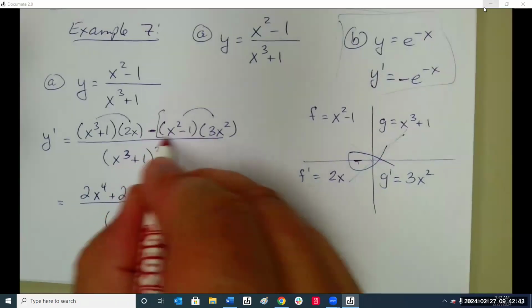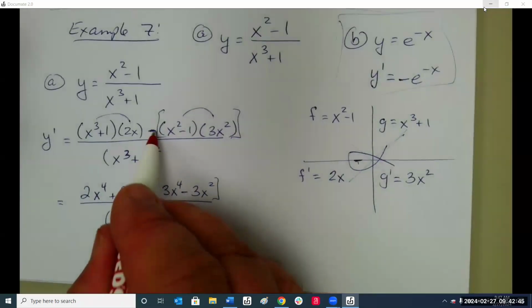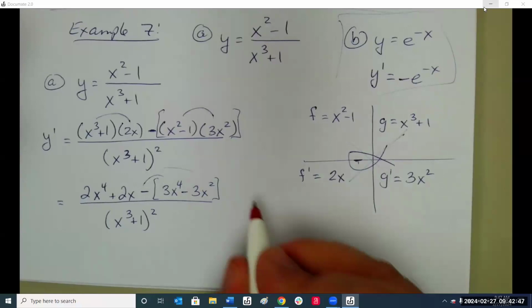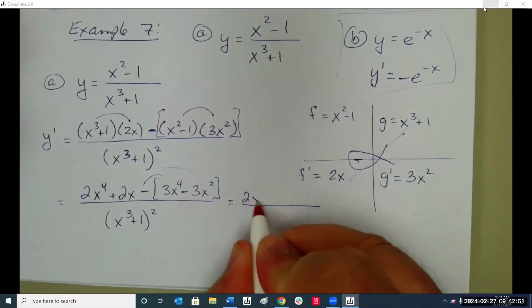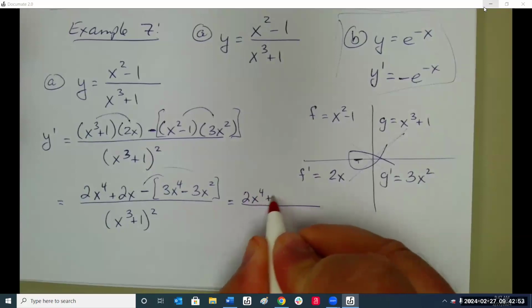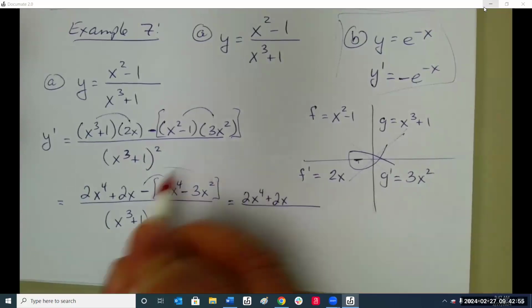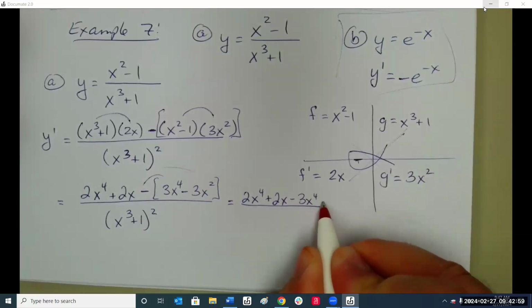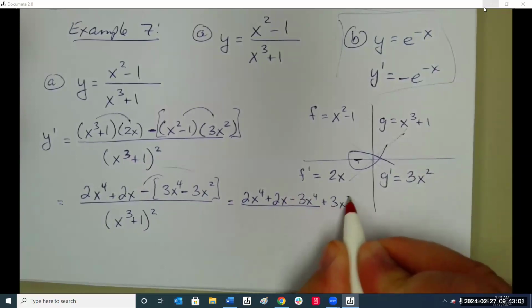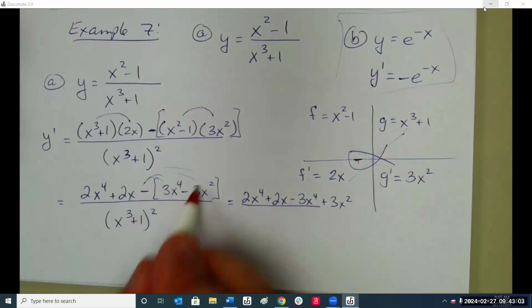I'm just doing these two first, and then I'll distribute the negative. So I have 2x to the 4th plus 2x minus 3x to the 4th plus 3x squared. I distribute that negative sign.